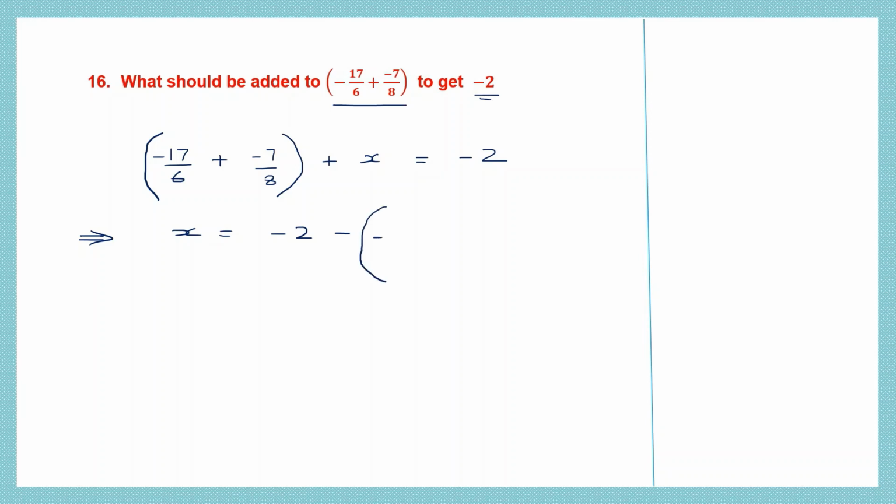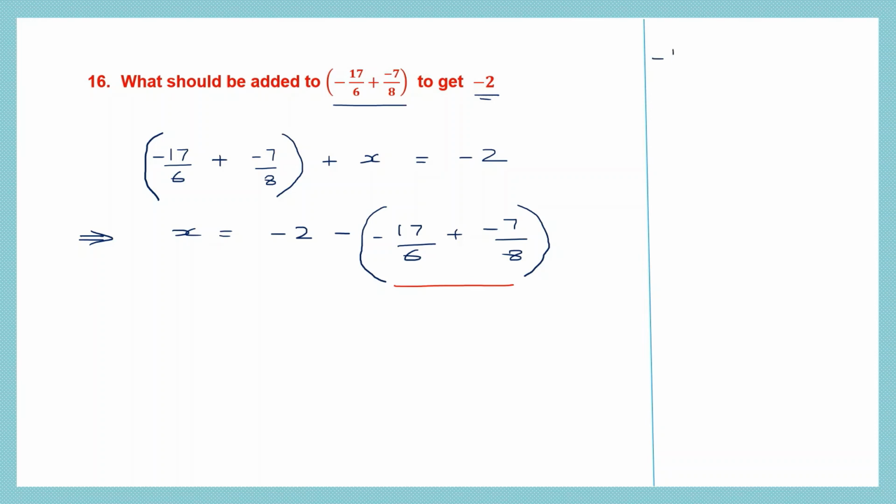That is minus 17 by 6 plus minus 7 by 8. So now we have to first work out what is within brackets. According to BODMAS, brackets have to be done first. So let's take that to the working column and work it out.